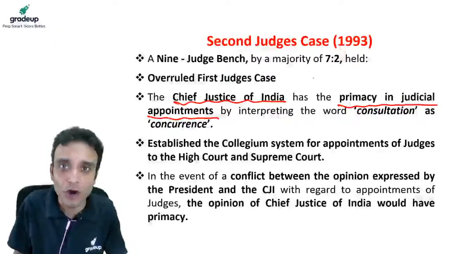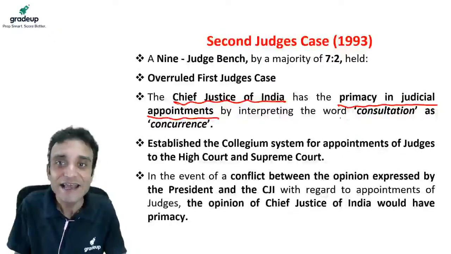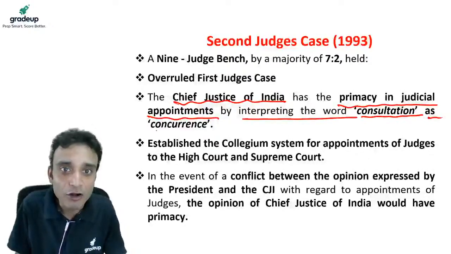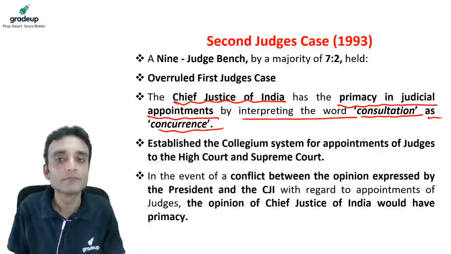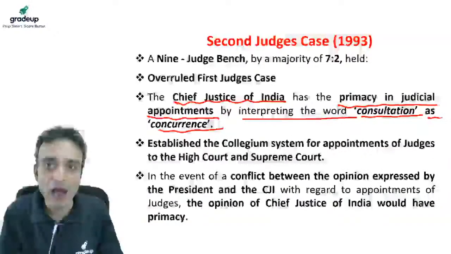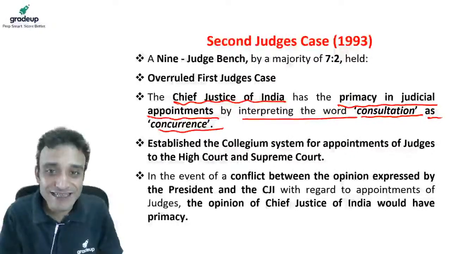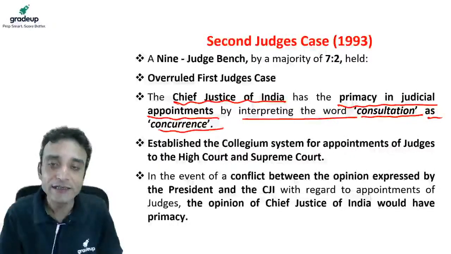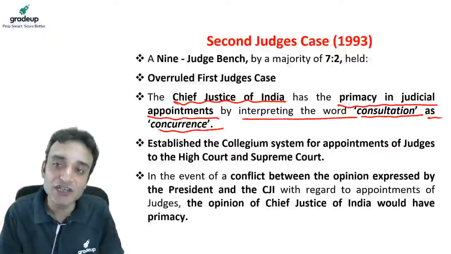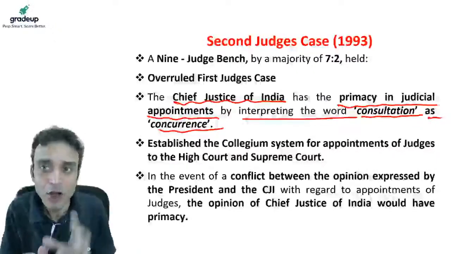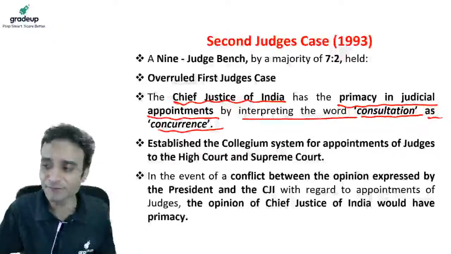Secondly, the Supreme Court in the second judges case interpreted the word consultation as concurrence. Now, if you read Article 124 or 217 of the Constitution, it says that the President shall appoint the judges in consultation with the Chief Justice of India. There is a huge difference between the terms consultation and concurrence.